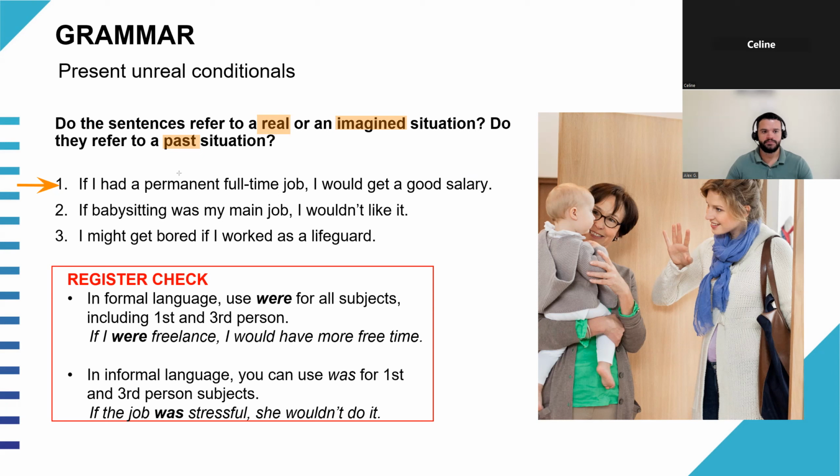And if, imagine situation, if I have a permanent full-time job. Exactly, it's not real. I don't have one, right? This is not real. What about number two? Go ahead and read number two. If you want, we can put here.